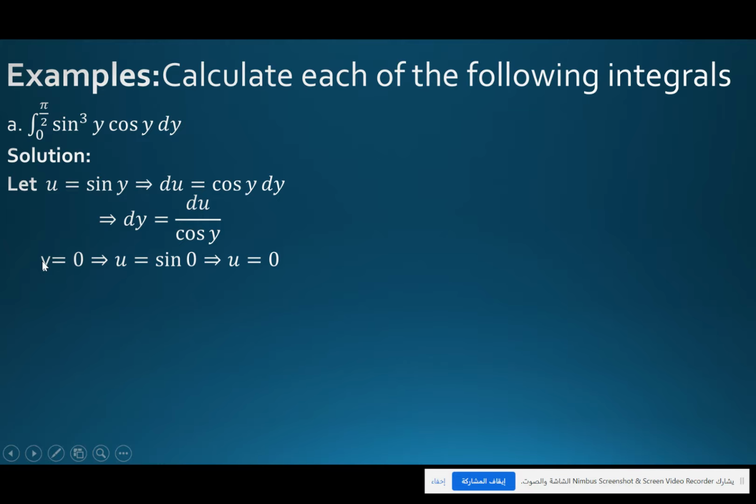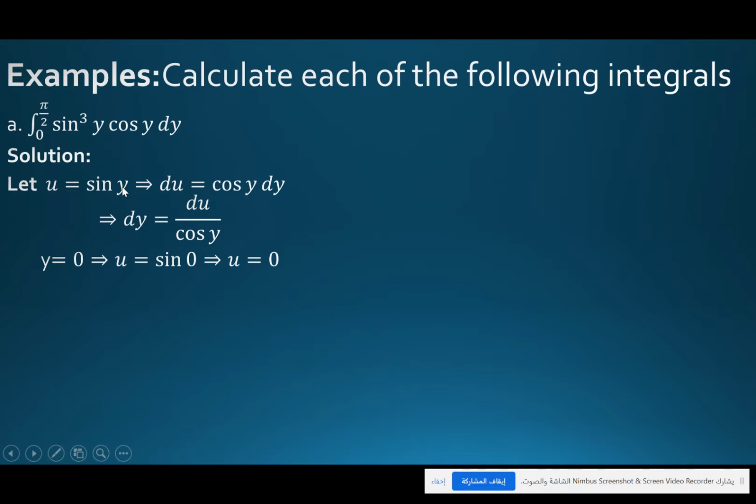How? By this step. In this step, I will change the limits of the definite integration from 0 to pi over 2 to something related to u by using this statement.